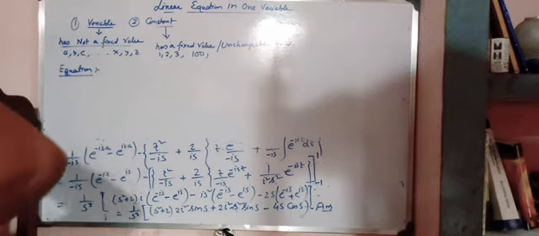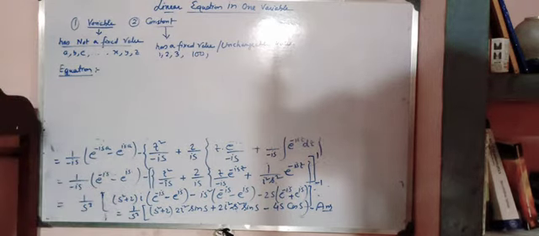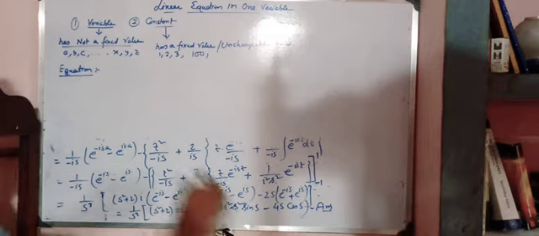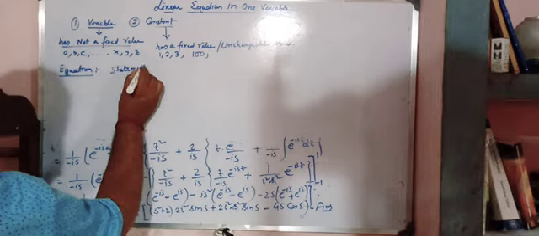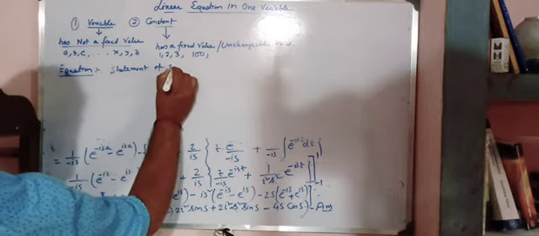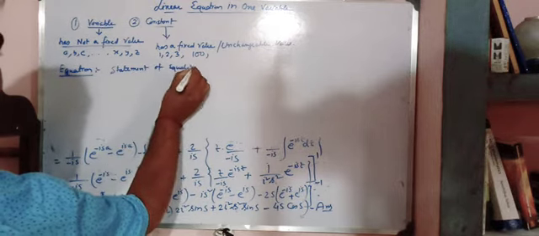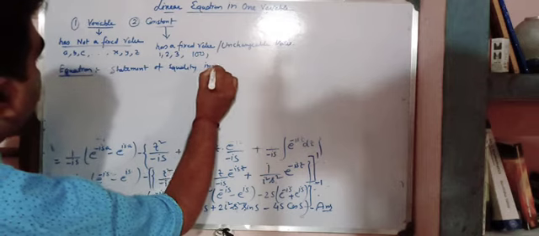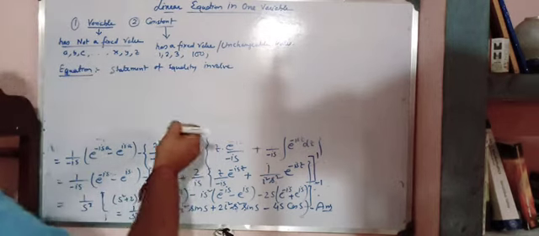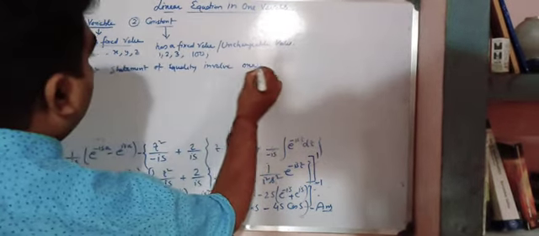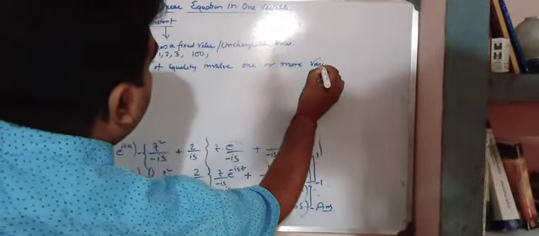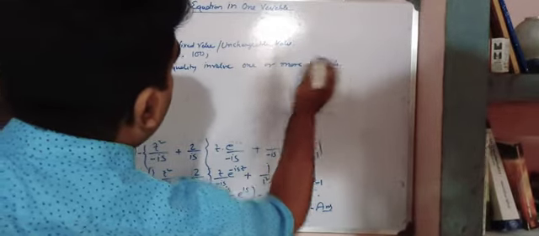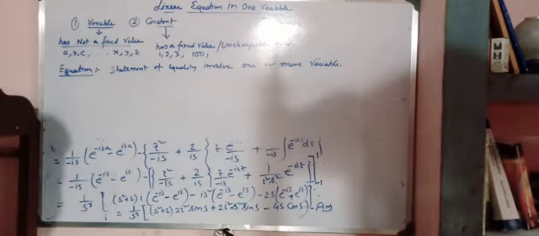A statement of equality which involves one or more variables. Okay, that is called an equation.